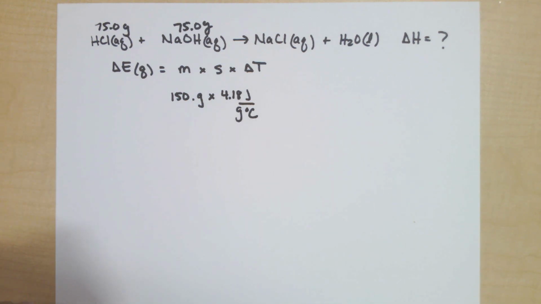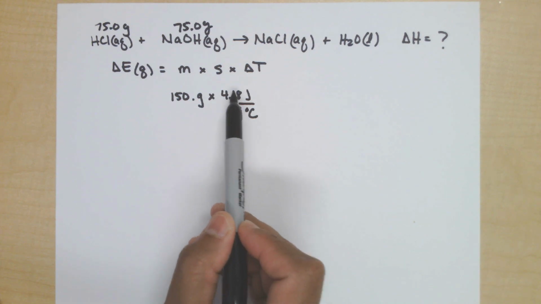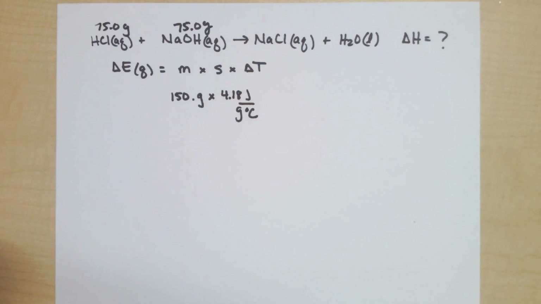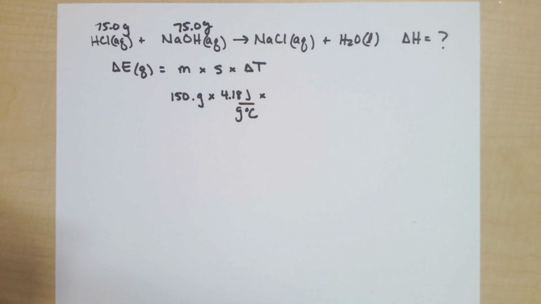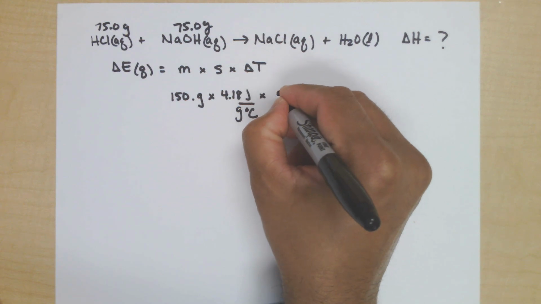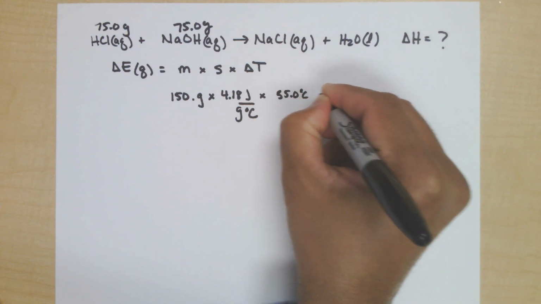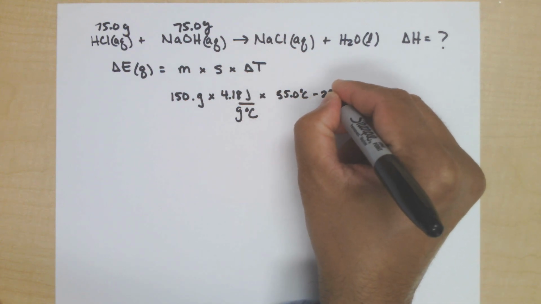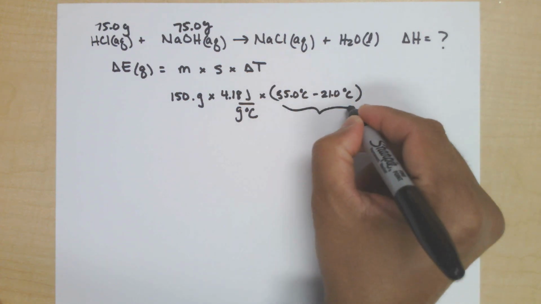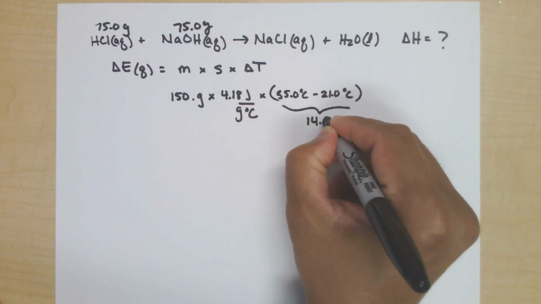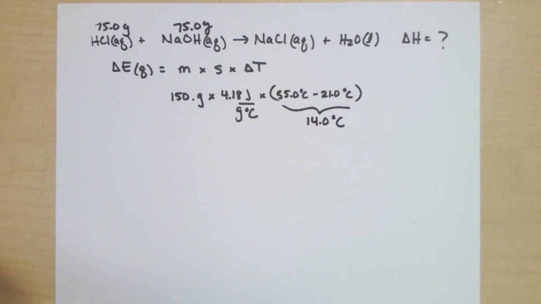This would be 1 calorie per gram per degree Celsius. In this case, we'll use joules. This is what we usually use in chemistry. And finally, the change in the temperature is the difference between 35.0 degrees Celsius and 21.0 degrees Celsius from the experiment. So this value right here is 14.0 degrees Celsius.